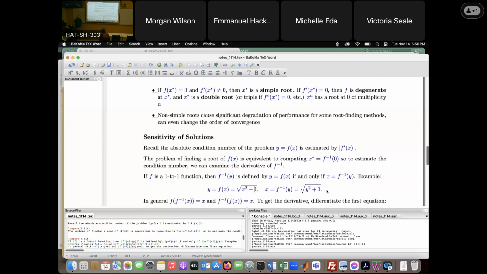I have to be careful about the domain. In this case, this function is only defined if x is greater or equal to 1 in absolute value. Here, the range of this function, if we assume a positive square root, is y greater or equal to 0. So then, for the inverse function, the domain and range will switch places.